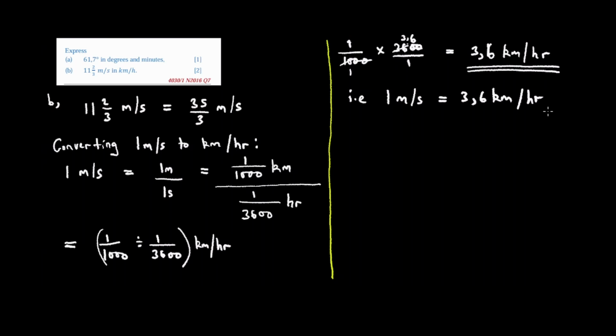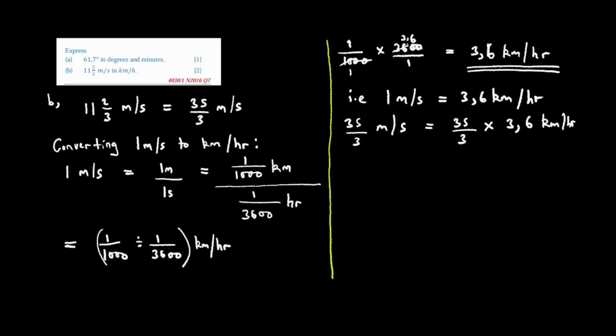The question wants us to find 35 over 3 meters per second, writing it in kilometers per hour. So what this means is that we will take 35 over 3 like this. We are going to multiply it by 3.6 to be in kilometers per hour.